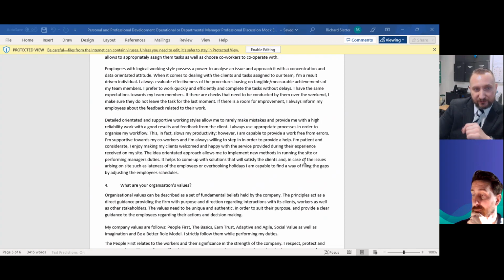Detail-oriented and supportive working styles allow me to rarely make mistakes, and provide me with high reliability, good results and feedback from the client. I always use appropriate processes in order to organize my workflow. This, in fact, slows my productivity.